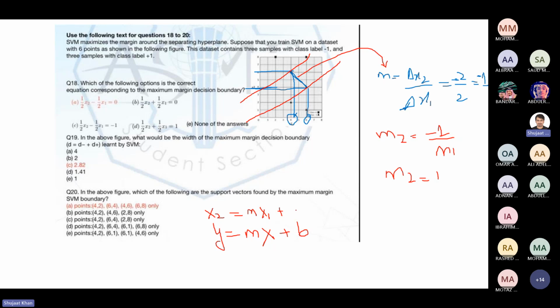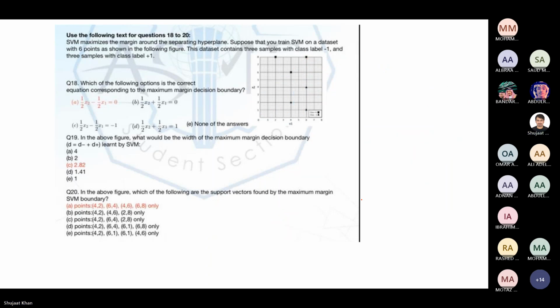We can solve it in many ways, but I'm just showing you one way. One way is I can simply solve it; the other way is I give you the idea about the different concepts. Anybody who has confusion in calculating the slope of this line, just ask me.